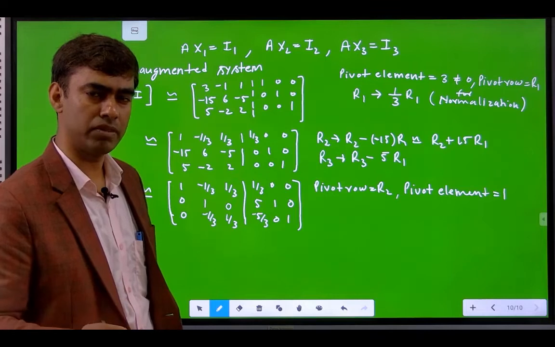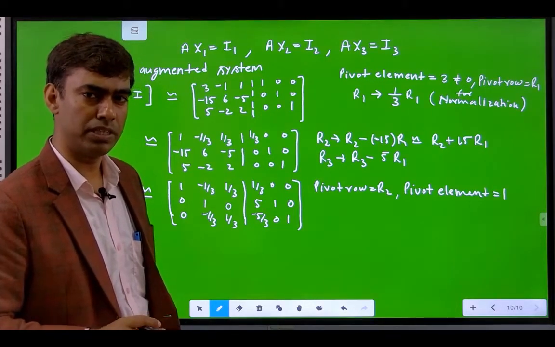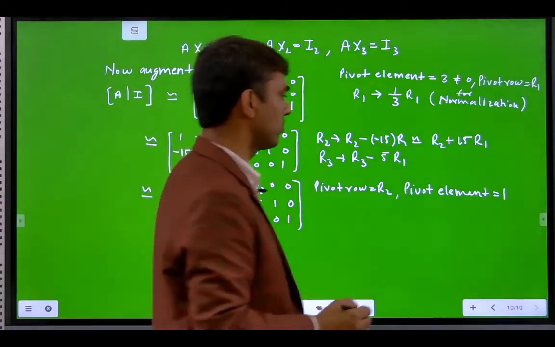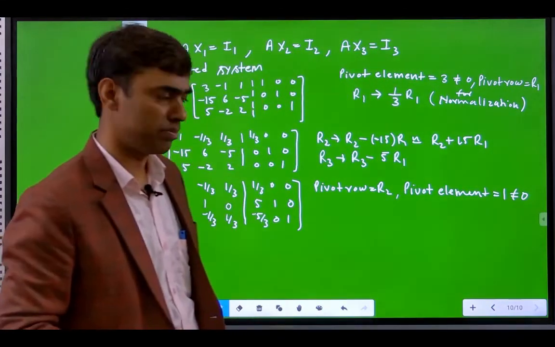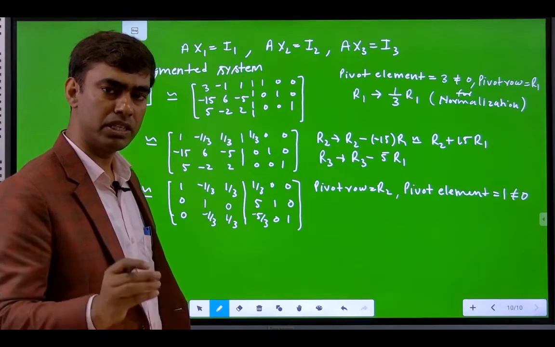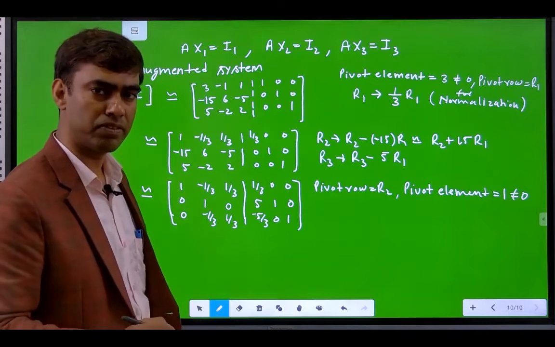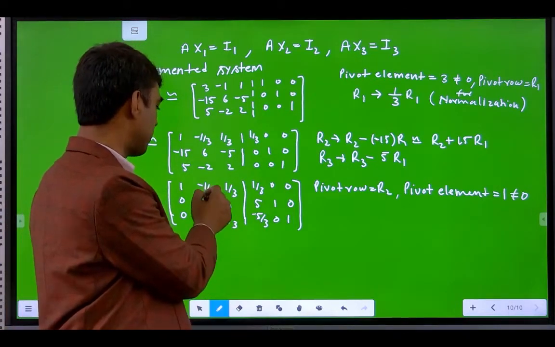In normalization, we try to convert the pivot element into 1. Here the pivot element is already 1 and it is not equal to 0, so we are able to apply the Gauss-Jordan elimination method. Here we perform the elimination of the second variable from the first and third equations.